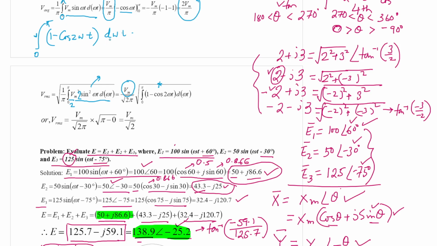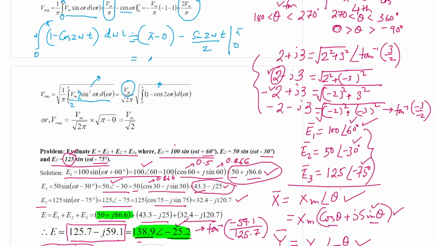If you integrate d omega t, it will be pi minus 0, and for cos 2 omega t, it will be sine 2 omega t by 2, limit pi to 0.